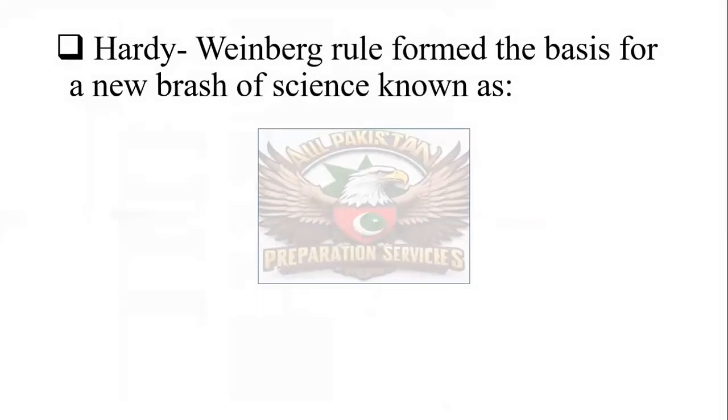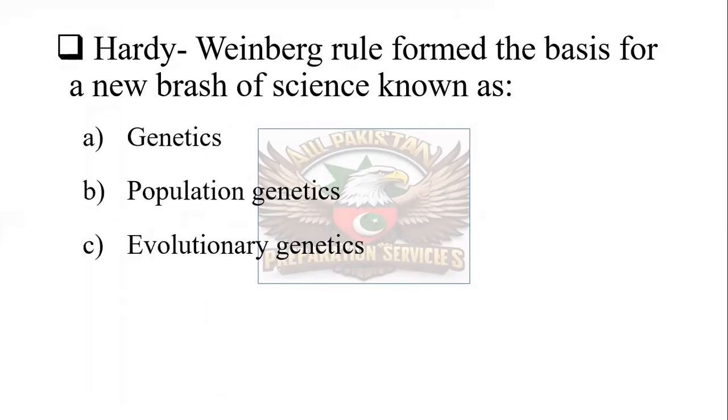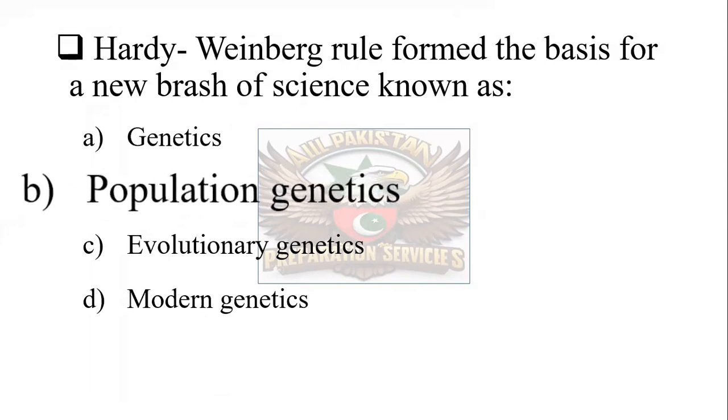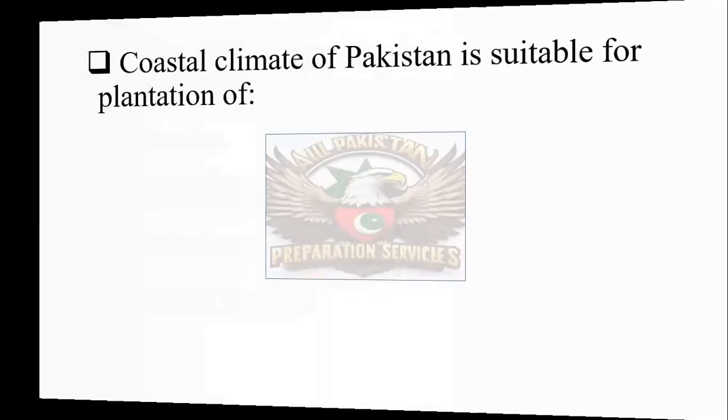Hardy-Weinberg rule formed the basis for a new branch of science known as genetics, population genetics, evolutionary genetics, or modern genetics? The correct one is population genetics. Hardy-Weinberg rule formed the basis of population genetics, which is a new branch of science.